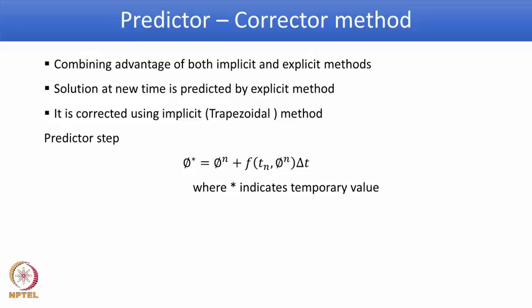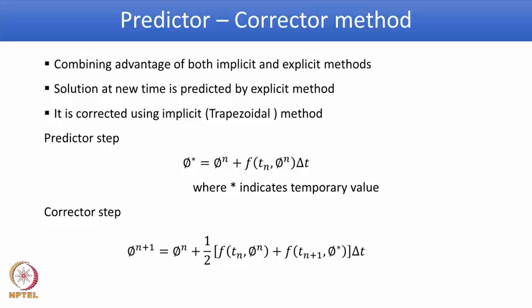because it is only predicted, it is not the exact value, we use a superscript star. So, phi star equals phi of n plus f of t n, phi n times delta t, and this we already know is the forward Euler or explicit scheme. The superscript star indicates a temporary or predicted value, and this will be corrected using the trapezoidal rule, which is shown here.